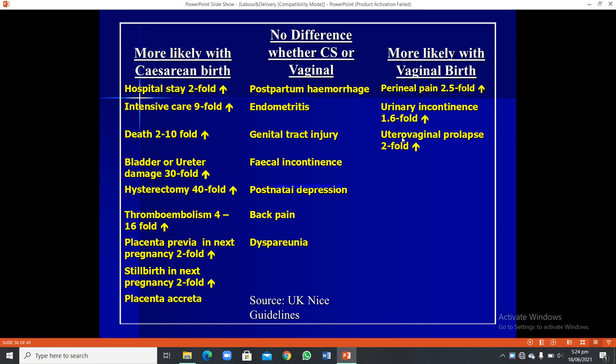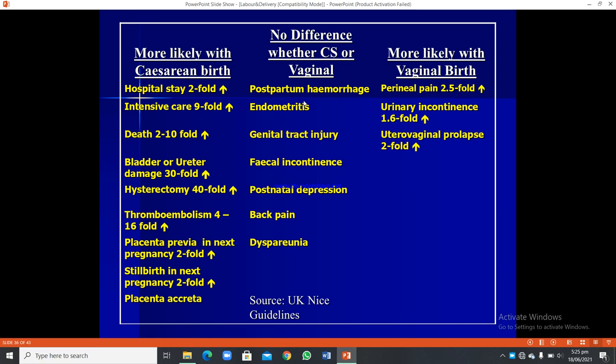These are comparison studies which are going on. The differences after the caesarean section: hospital stay increase, intensive care, death increase, bladder ureter damage increase, hysterectomy, thromboembolism increased, placenta previa in the next pregnancy, stillbirth in the next pregnancy twofold increase, and placenta accreta is more likely.